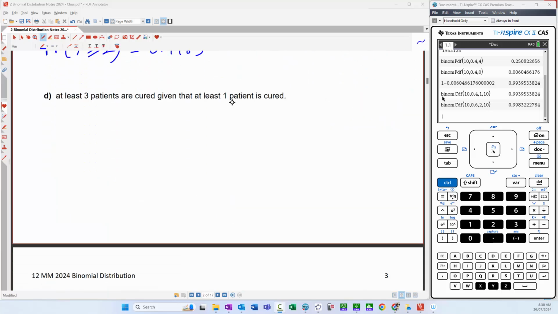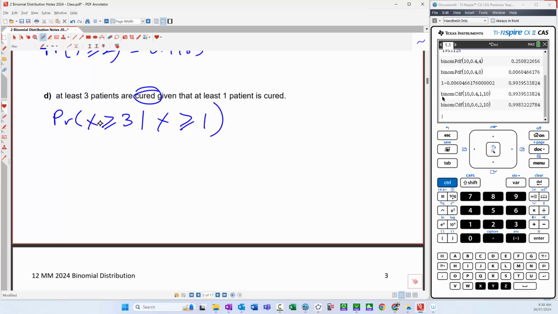Okay, the last one is where the question goes to conditional. So we're looking for the probability, and we're back to cured, not cured. So we're going to use the original distribution, the x. So at least 3 patients are cured, given that the random variable is greater than 1.